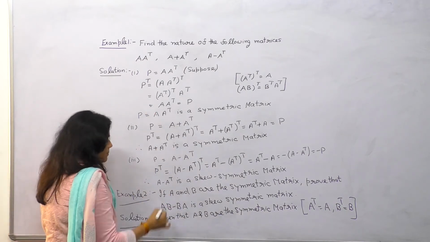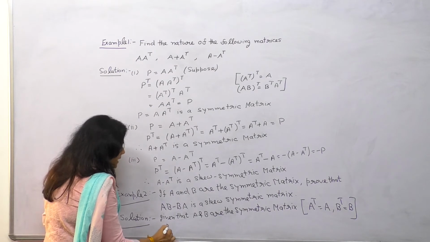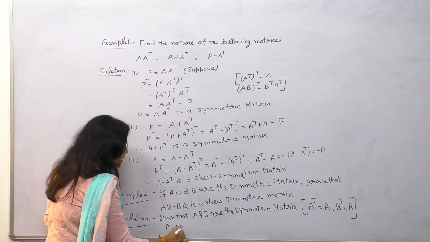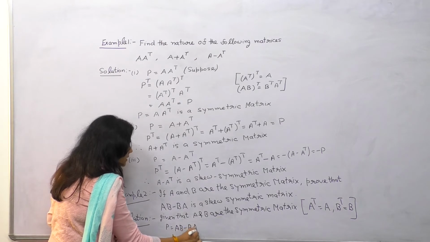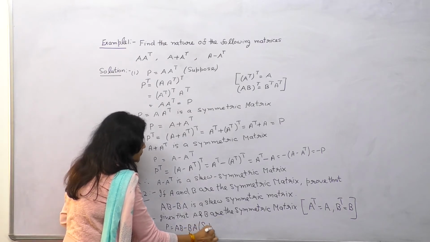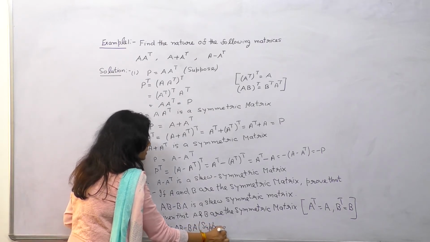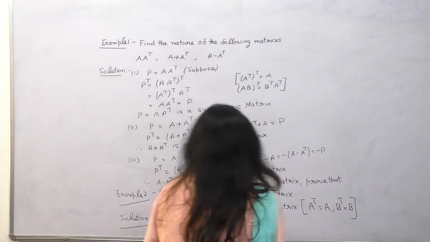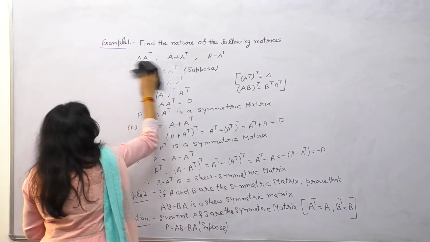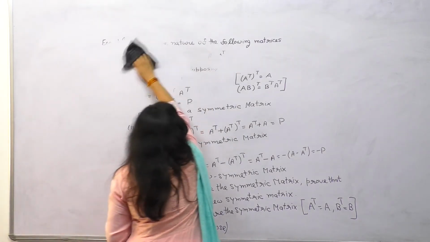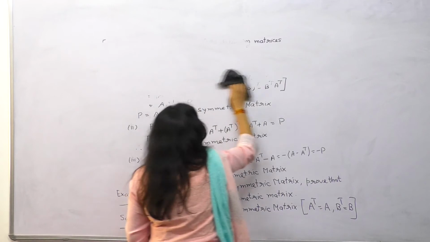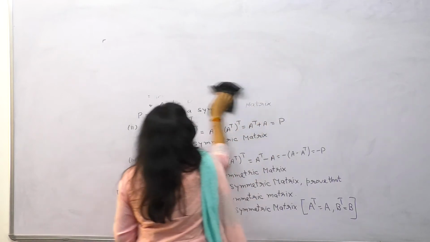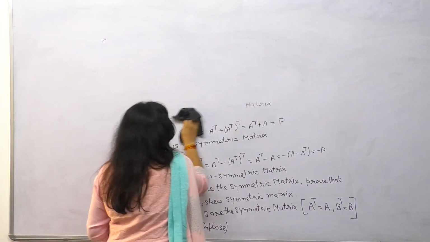In a similar manner, let us suppose P is equal to AB minus BA. Now take the transpose of P and apply all the properties of the transpose.